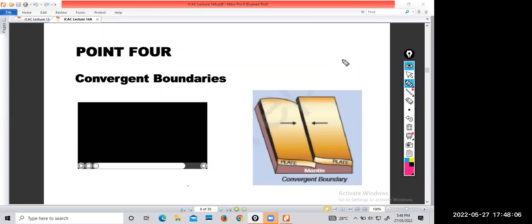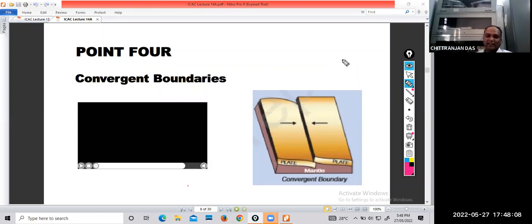Yes. You people don't revise anything. Yes. Tell me, convergent boundary पे क्या होगा? If this is plate A, this is plate B. Both are moving. This is moving in this direction, this is moving in this direction.